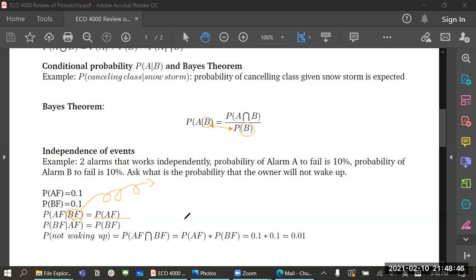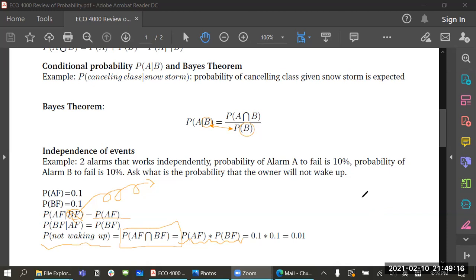What are we going to do? What's the chance of not waking up? What does not waking up mean mathematically? Not waking up means A failed and B failed. So it is the probability of A failing and B failing, and because they are independent, we multiply these two probabilities.